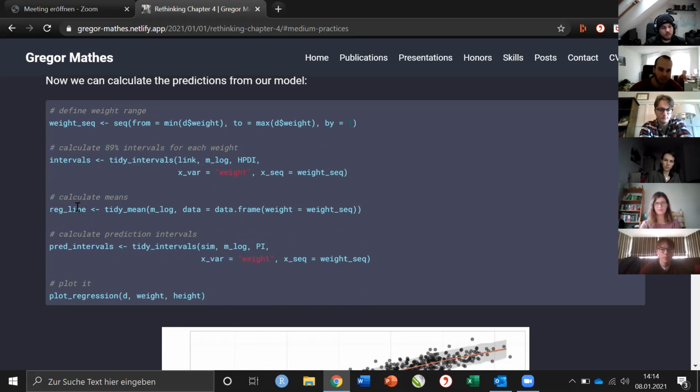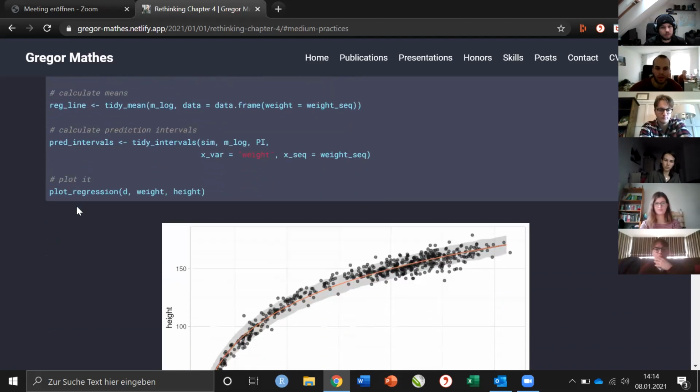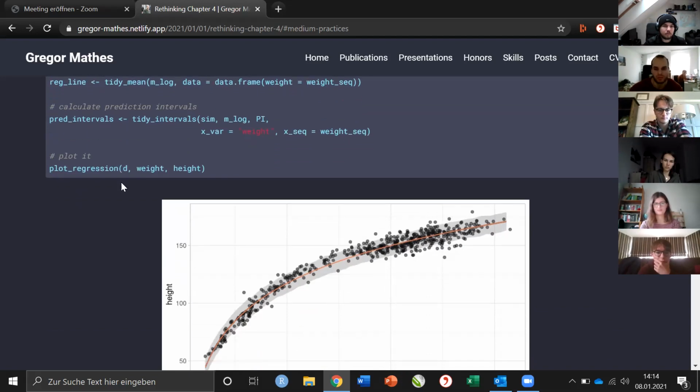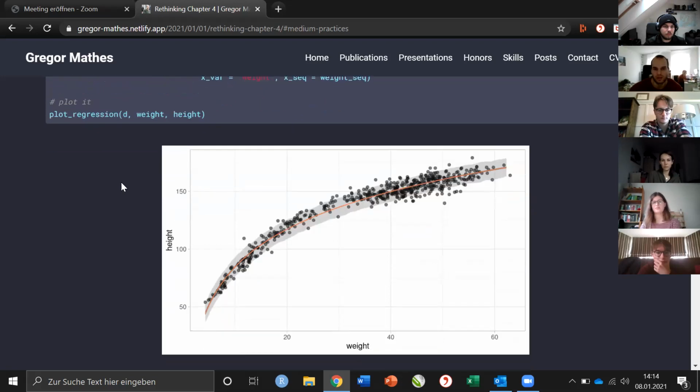and the mean, and the HPDI, the percentile interval of the posterior prediction, and plot this, and you can see the result here. And it's a much nicer fit to the data now. You can see that the lower values are predicted well, the medium values as well, and the higher values.